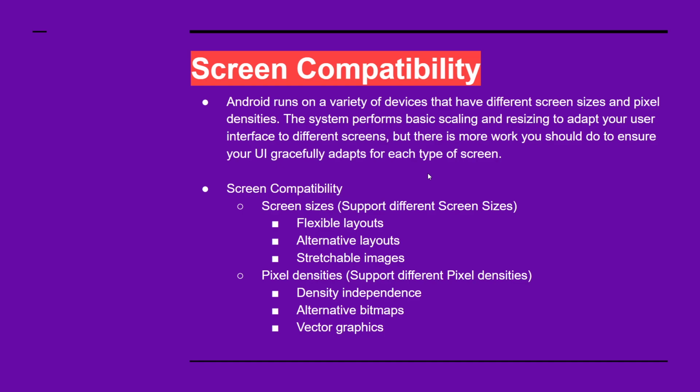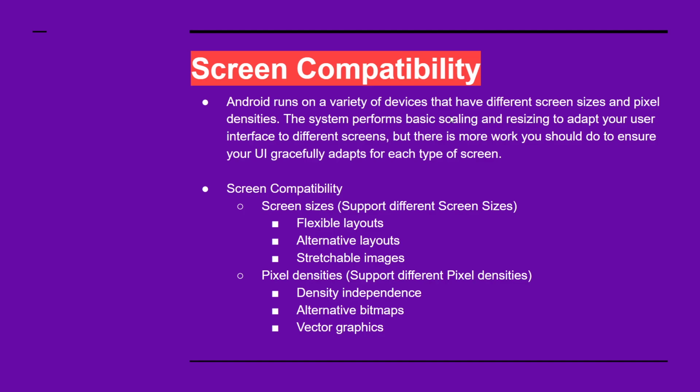So what this first bullet point means is, as you all know, Android runs on different devices. When you develop an app, the system will perform basic scaling and resizing, which means when this app is running on different screens, the Android system will do some basic scaling and resizing to adapt to different screen sizes, but that is not enough.